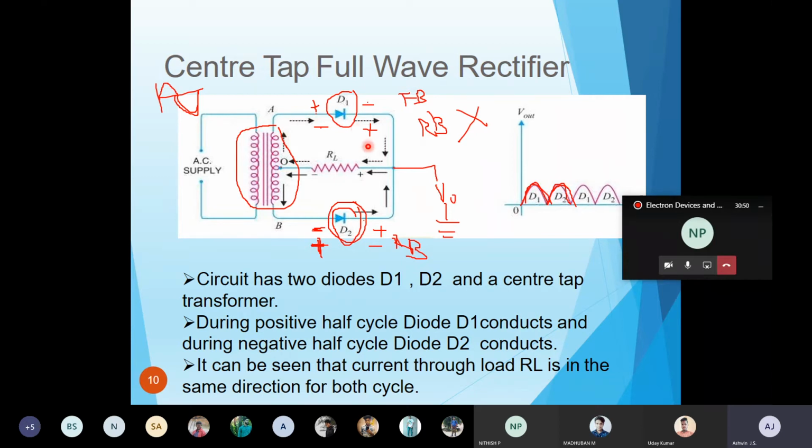Here I am giving the negative voltage. I told you A is plus 12, which means B will be minus 12. Okay, so due to the minus here, it will be, wait a second, I will draw this.